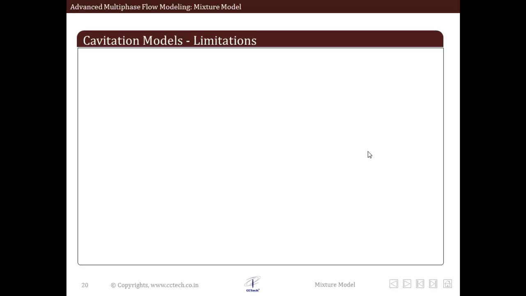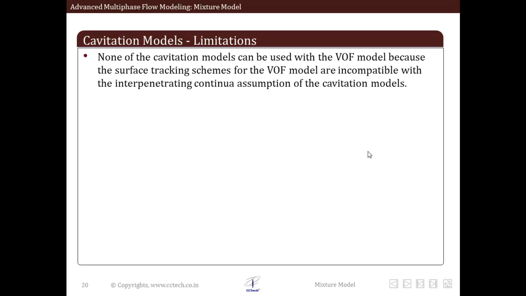As cavitation is a very complex phenomenon, there are some limitations when it comes to modeling cavitation. We will see these limitations one by one in this particular slide. None of the cavitation models work along with VOF. This is mainly because the surface tracking schemes of VOF are incompatible with the interpenetrating continua assumption of cavitation models. That is, when we model cavitation, there is mass transfer or penetration of one medium into the other.